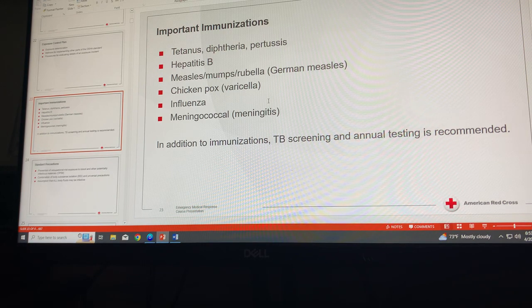In addition to immunizations, it is recommended that you be screened for tuberculosis and have an annual tuberculin test.